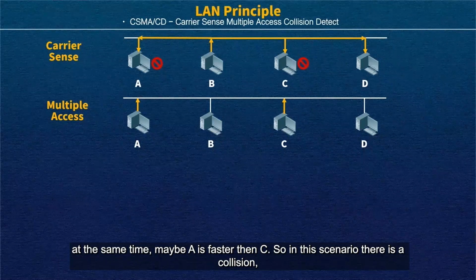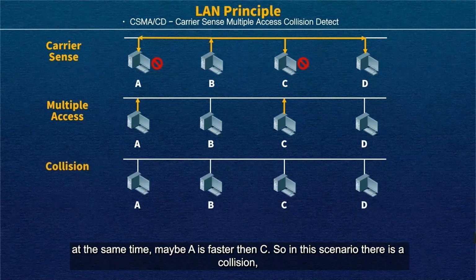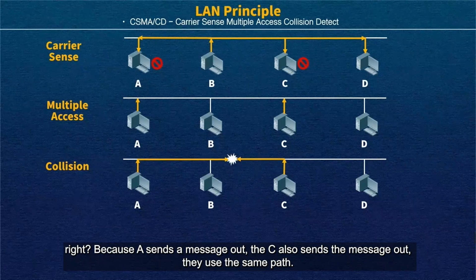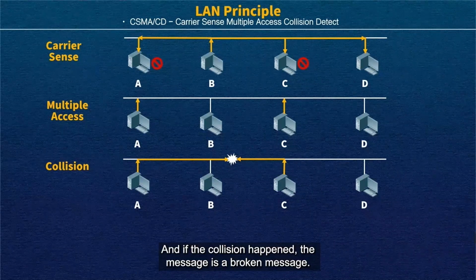So in this scenario, there is a collision, right? Because A sends the message out, and C also sends the message out. They use the same path. And if a collision happens, the message is a broken message.